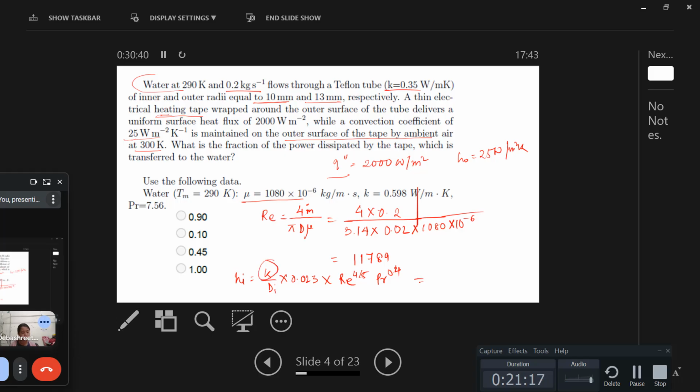We put the value of K. K is obviously of water because it is the inner fluid. So K is this one, 0.598 divided by DI, that means 0.02, into 0.023 into RE, which we have already calculated, to the power 4 by 5, and PR to the power 0.4. PR is 7.56.